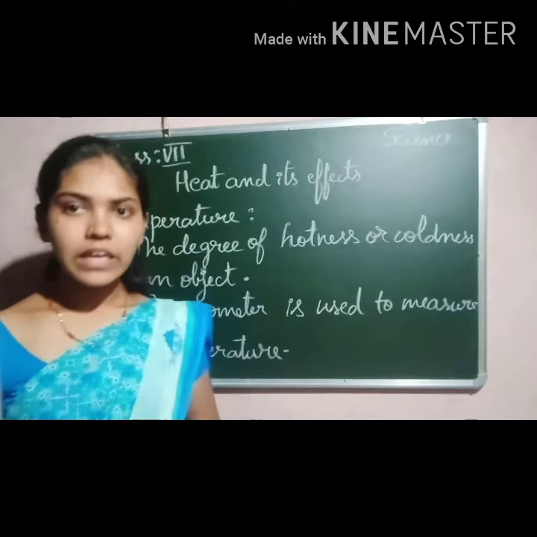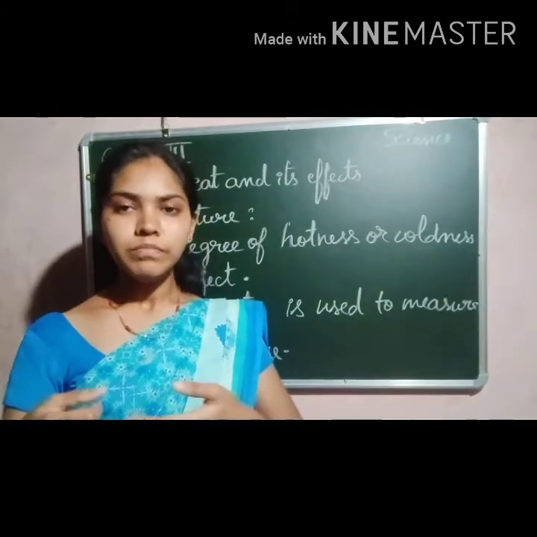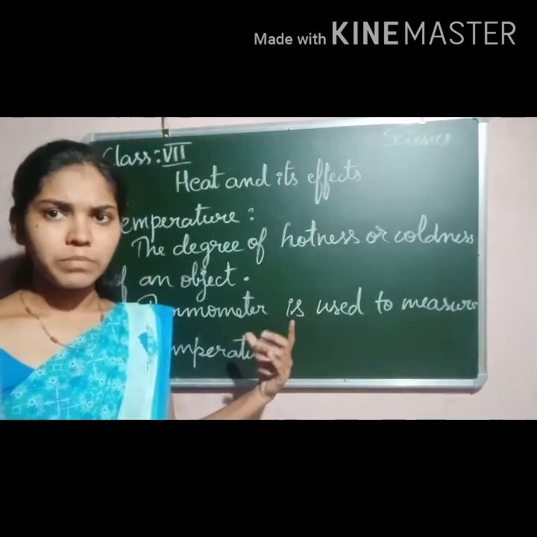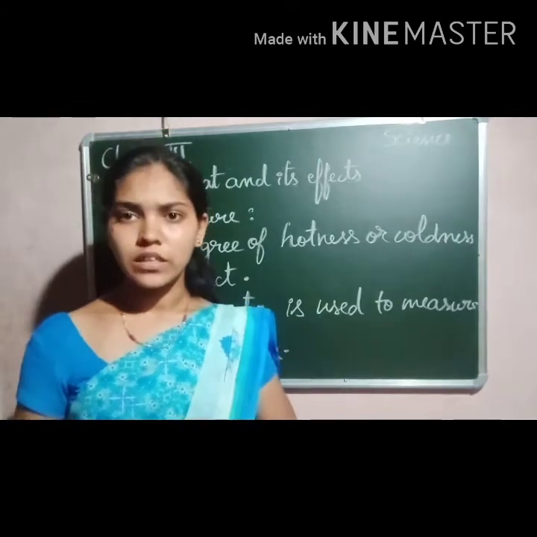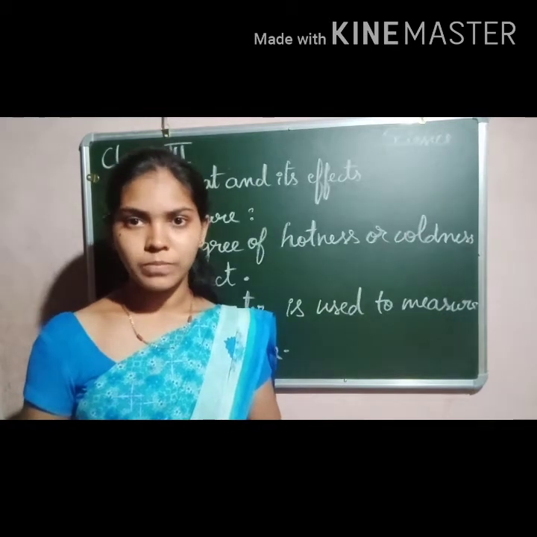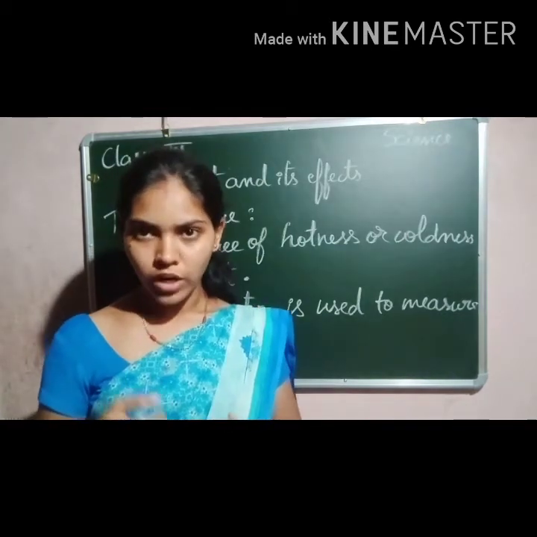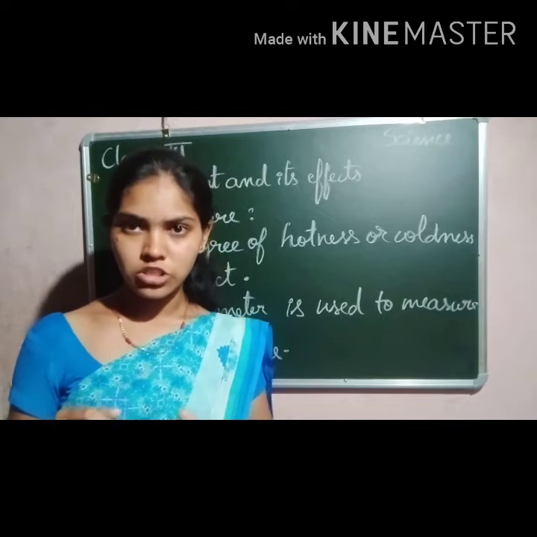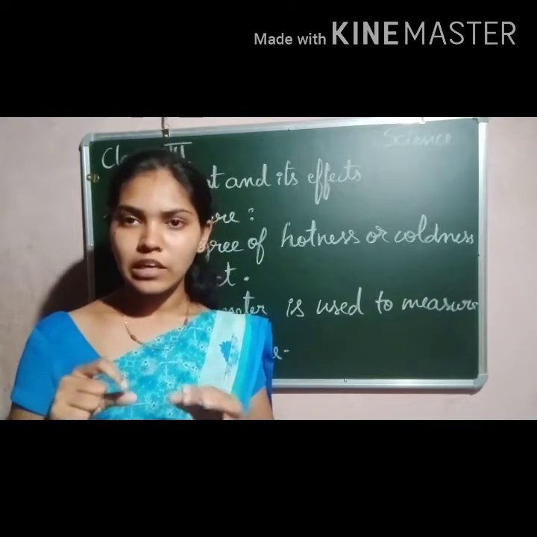We can give so many examples for this temperature concept, or the heat energy present in an object. It is applicable to the human body also. Our body also has a particular temperature.